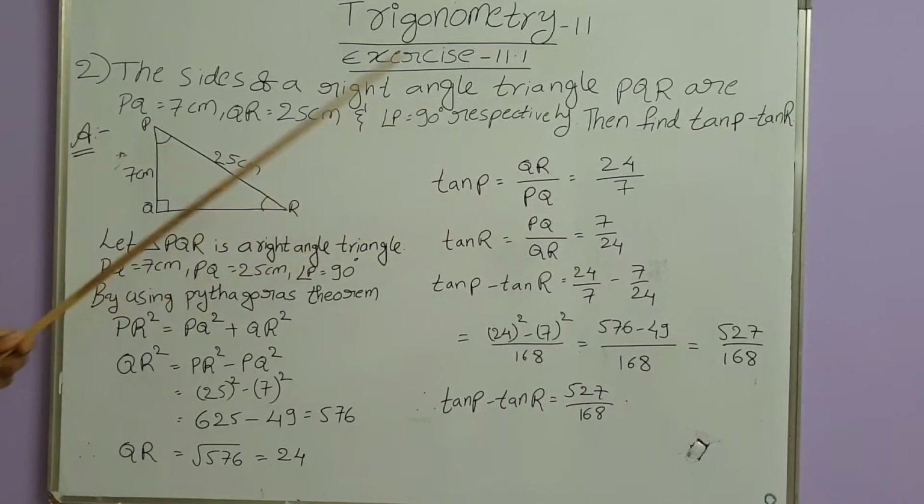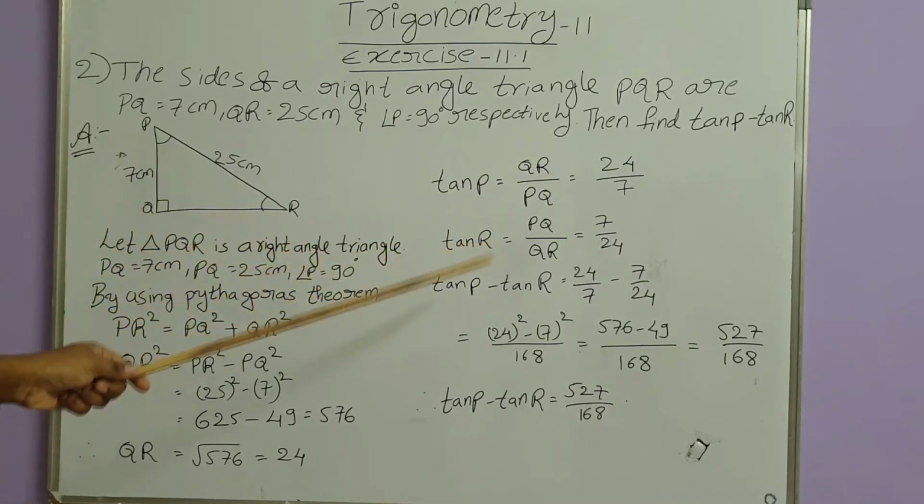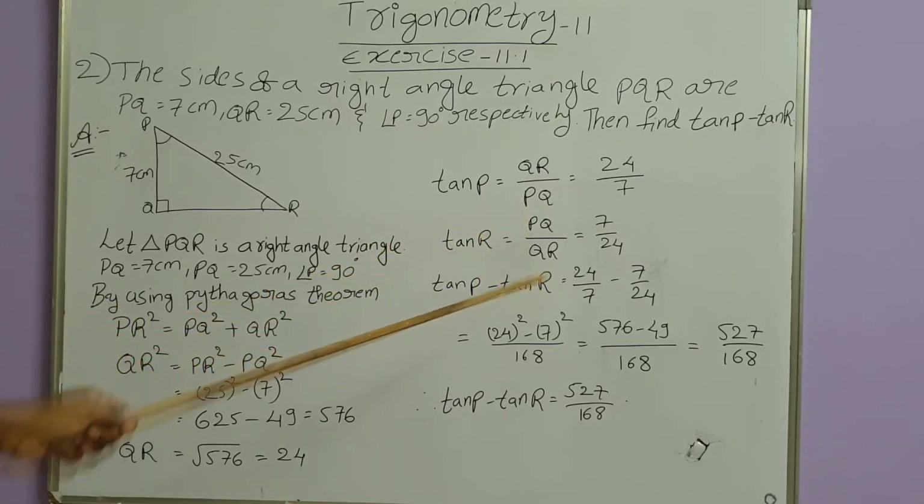So 24 by 7. Now tan R: opposite side is PQ by adjacent side QR, so 7 by 24.